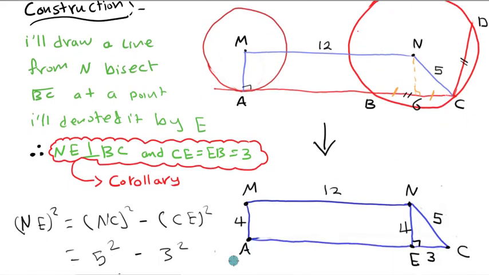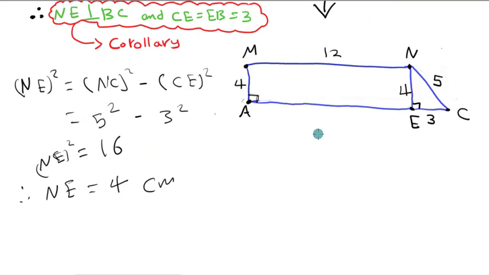So the angle MAE is 90 degrees, a right angle, so this angle is right too. Since the angle MAE is a right angle and the angle NEC is a right angle too, the line MA is parallel to the line NE.